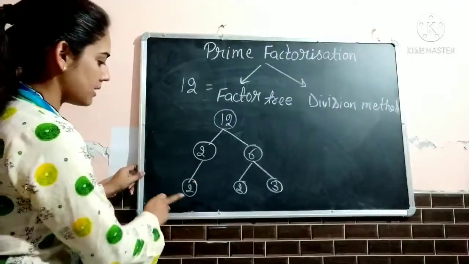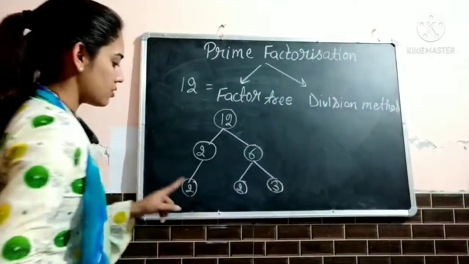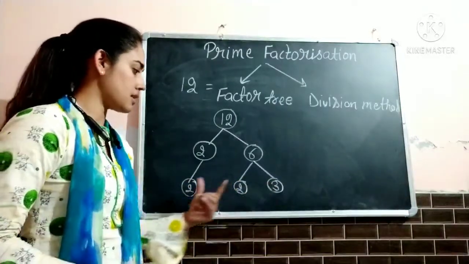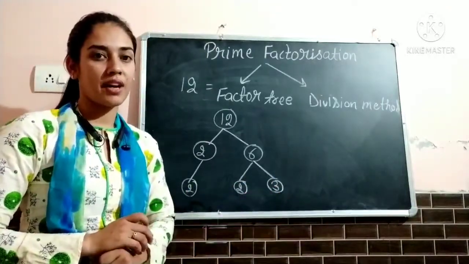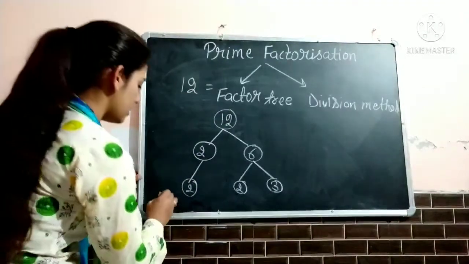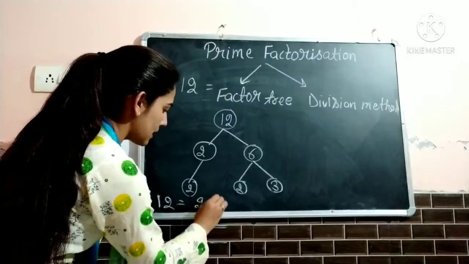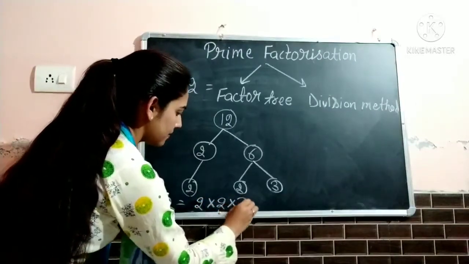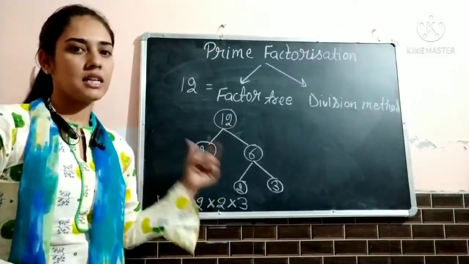So now multiply these three numbers, 2 multiply 2 multiply 3. This is the prime factorization of 12. So 12 is equal to 2 multiply 2 multiply 3. This is the prime factorization of 12 through factor tree method.